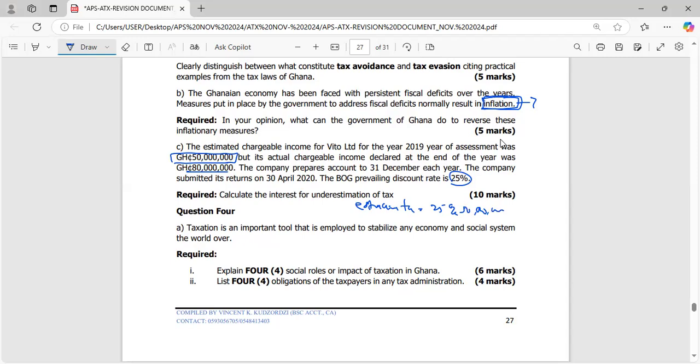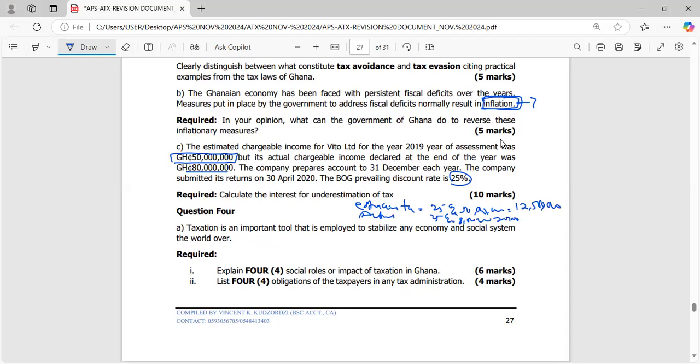That will give you how much? 12.5 million. Then the actual tax payable will be 25% of the 80 million. This will give you 20 million.